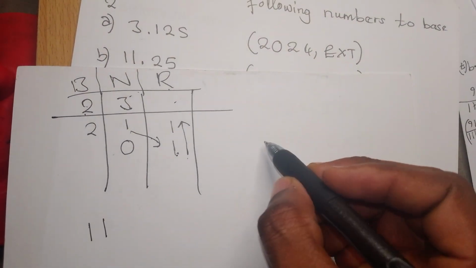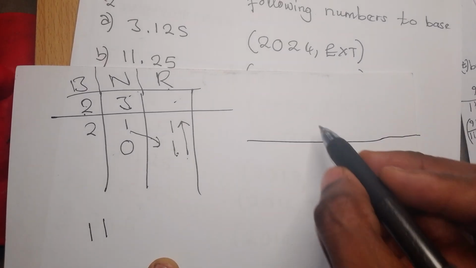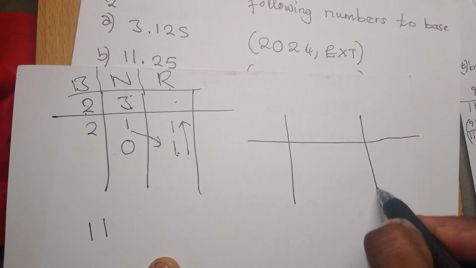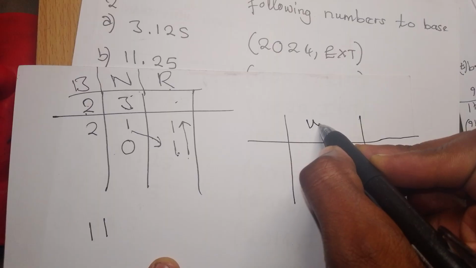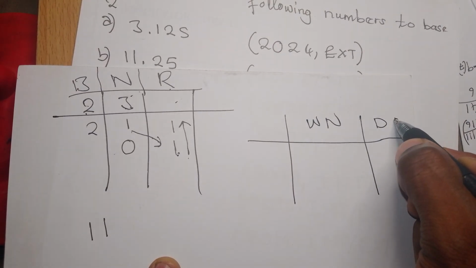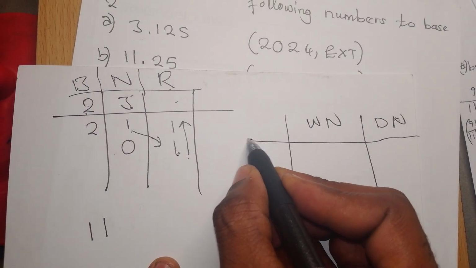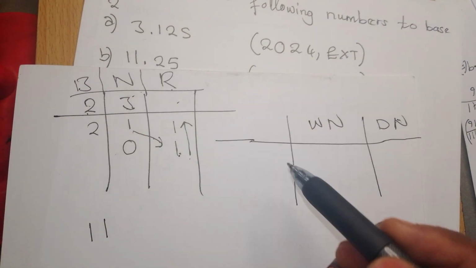And then for the decimal part, you do something like this, and then you keep the whole numbers here, and then the decimal parts here. Let's just say decimal number like that. And then here you multiply the decimal part.